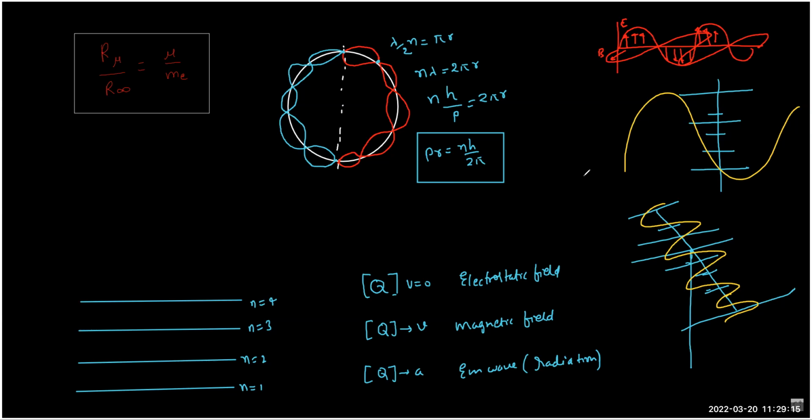And these are actually the electric field. When you say electromagnetic wave, it has electric and magnetic fields oscillating. I'm not showing the magnetic part, but you can. Every metal has free electrons.